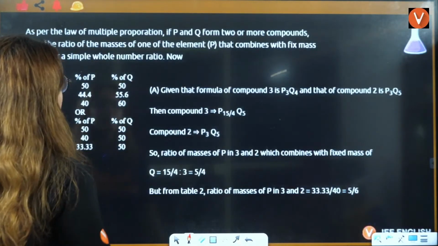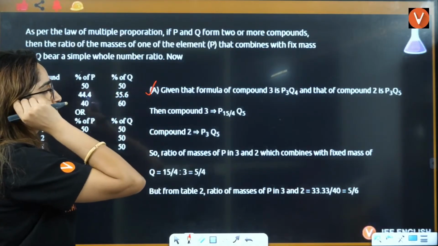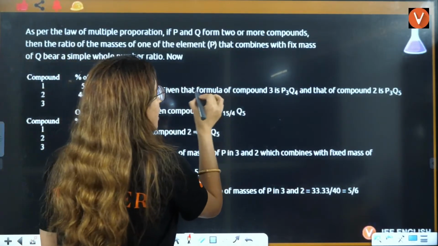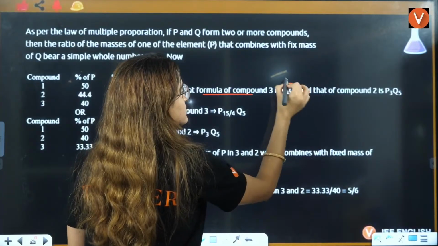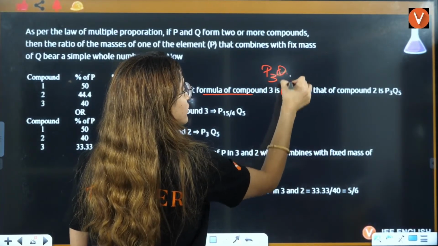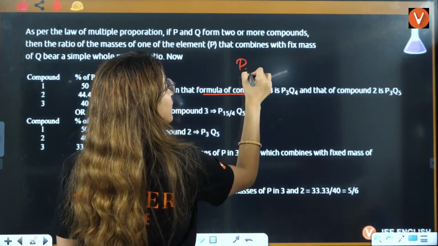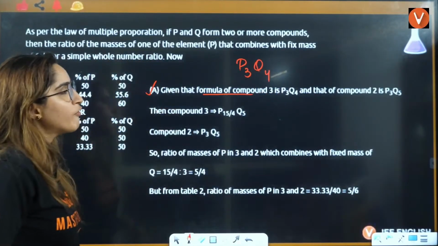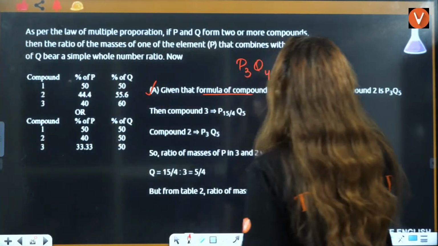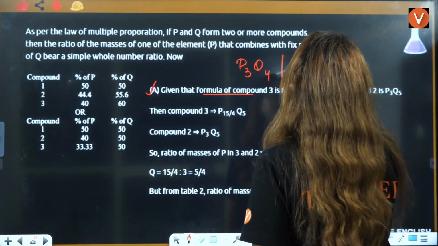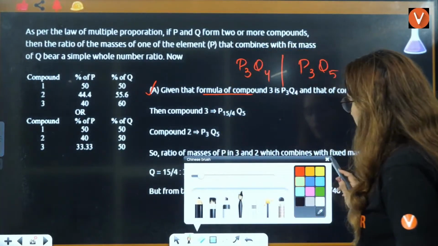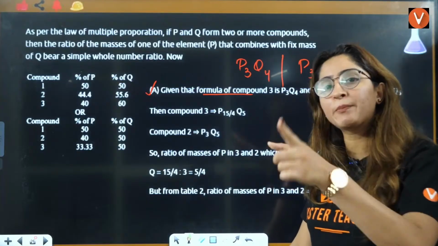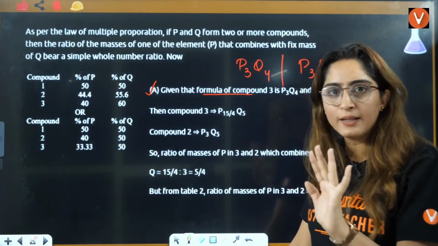See, the statement is that the empirical formula of this is P3Q4. Now see this very carefully. P3Q4, and of compound 2 is P3Q5. So the law of multiple proportion is applied here, right?